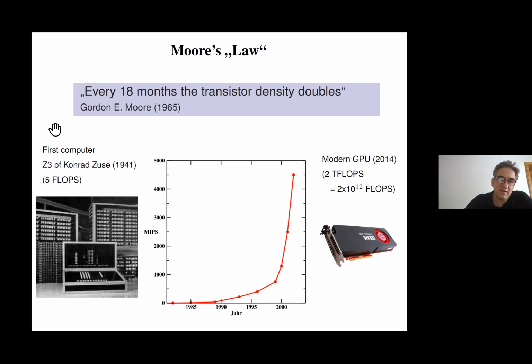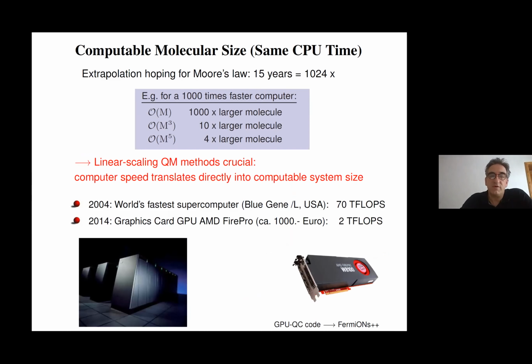So it's just amazing if you think back to the first computer of Konrad Zuse with 5 flops, and that with a simple graphics card, we are at 2 teraflops roughly for €1,000. So if we believe in Moore's law, then 15 years would correspond to roughly a factor of 1,000 in computer speed we gain.